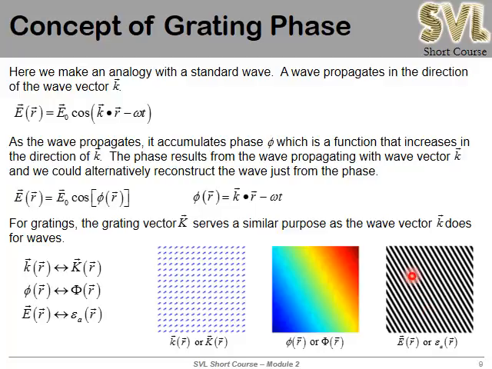I've thresholded it here, so it's not an analog lattice, it's a binary lattice. But that would be what our wave would look like. So this concept of grating phase, we're borrowing it from waves, but when we calculate this function, capital phi, it doesn't move, it's stationary. And it's always increasing in the direction that the grating vector is pointing.